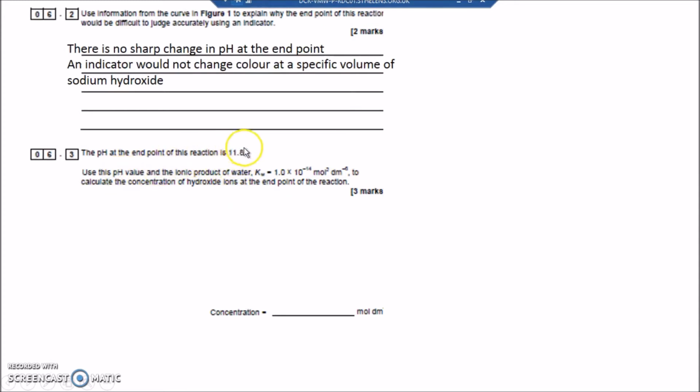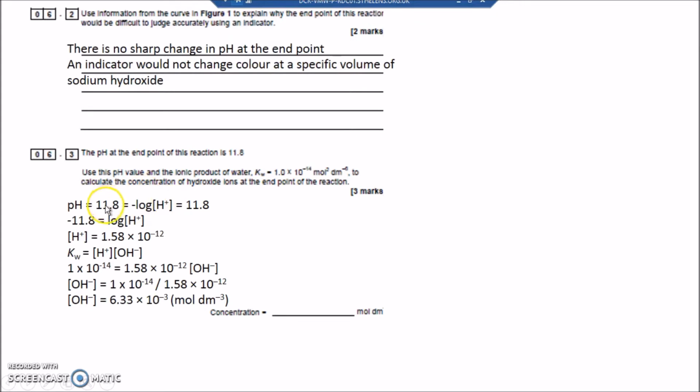So first of all, let's go back a stage. pH is 11.8. pH equals minus log to the base 10 of hydrogen ion concentration. So 11.8 equals minus log10 of H+ concentration. So what you do is change the sign on both sides.